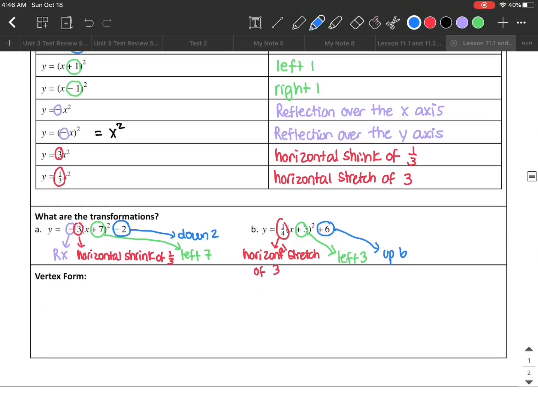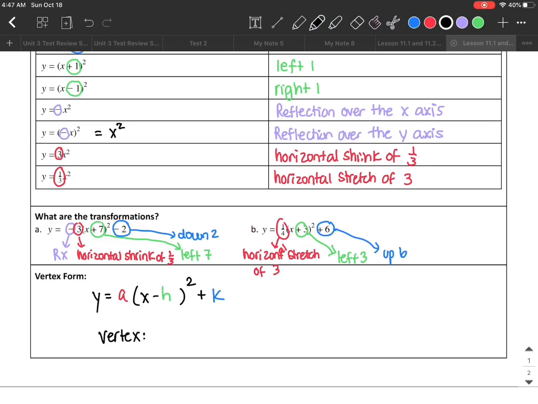Next, I'm going to talk about vertex form. This is a really important form for parabolas. Vertex form is y equals a times x minus h squared, plus k. When I have this form for a parabola, I know the vertex of the parabola.